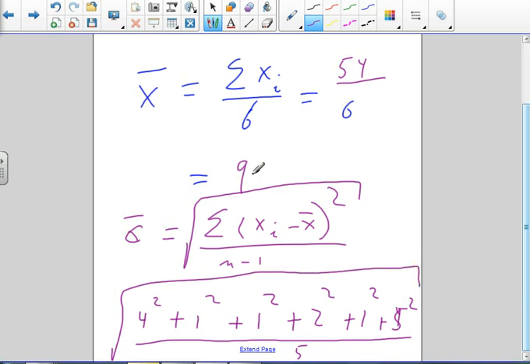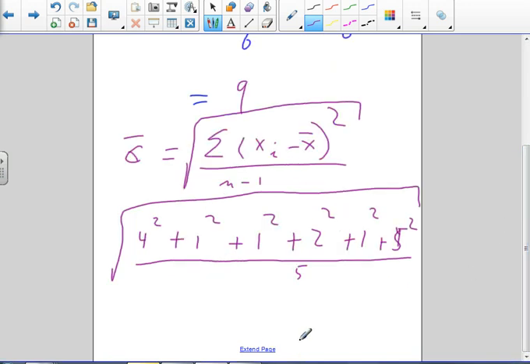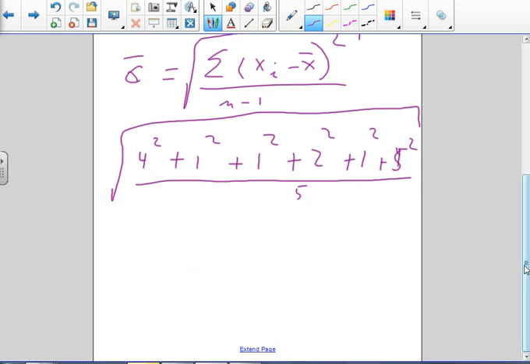The mean is 9, so I'm looking at each of the sample points. Between 5 and 9, the difference is 4. Between 8 and 9, the difference is 1. Between 10 and 9, 1. Between 7 and 9, 2. Between 10 and 9, 1. Between 14 and 9, 5.